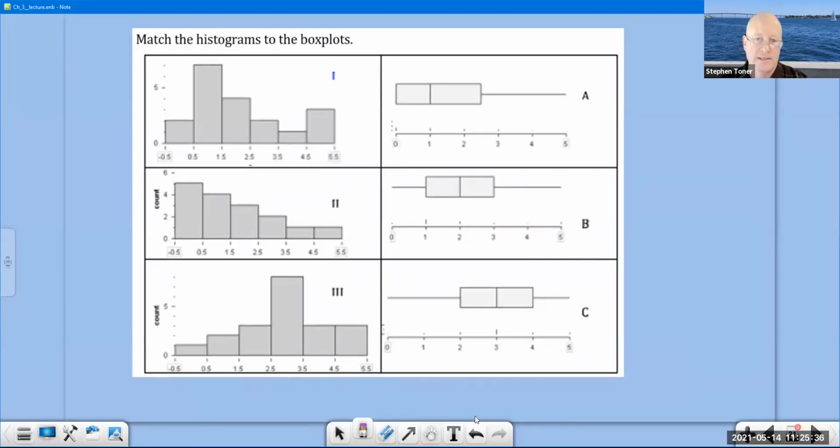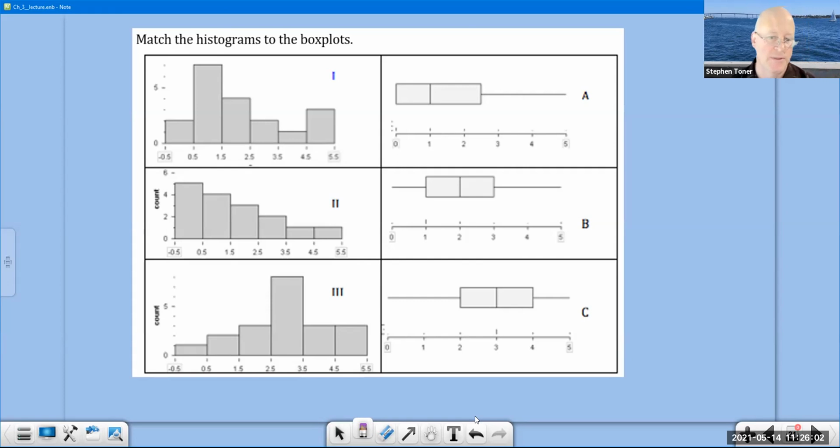Okay, what I'd like to do now is a matching activity with the histograms that you have on the left, which are standard ways of drawing or describing data sets, with the exploratory ones, the box plots on the right-hand side. It helps to give you an understanding of the comparison between these.